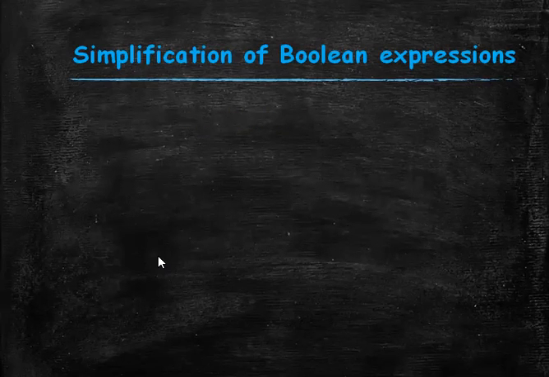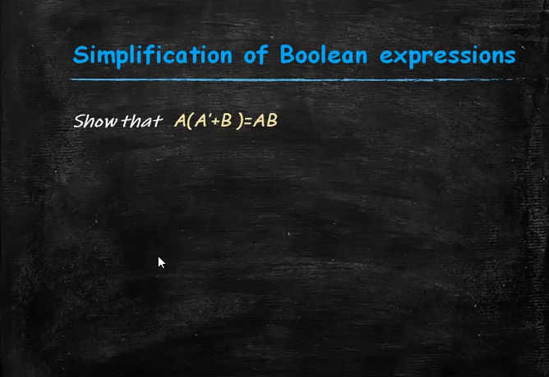And we go to the next example, that is show that A and A bar or B is equal to AB. It is the dual expression of the previous one, and it is very simple to obtain.